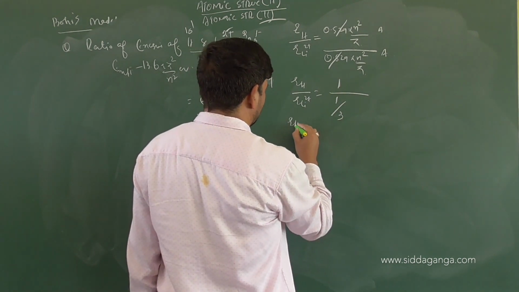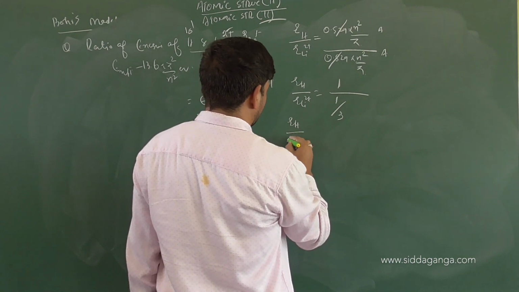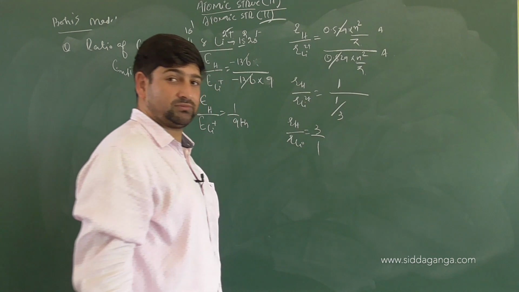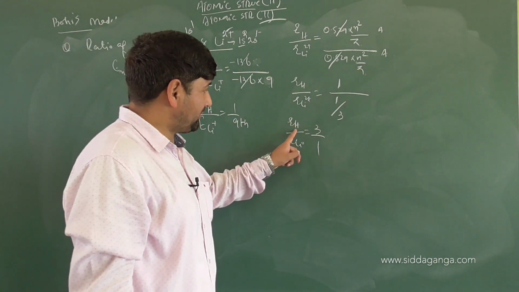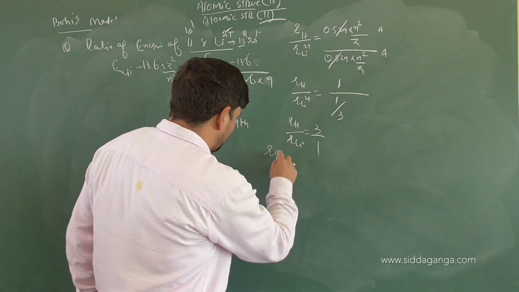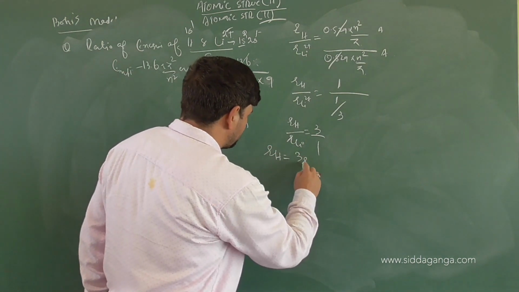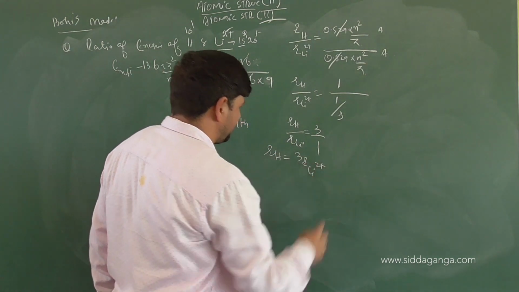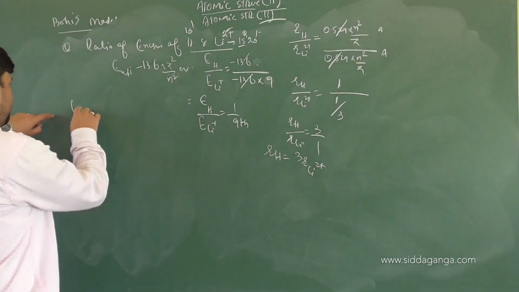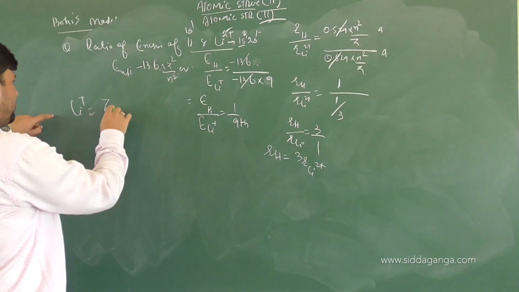So what can we write down? Radius of hydrogen by radius of lithium will be 3 by 1. That means radius of hydrogen will be 3 times the radius of lithium 2 plus, and that is logical because of the nuclear charge.